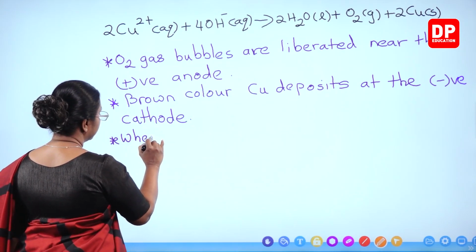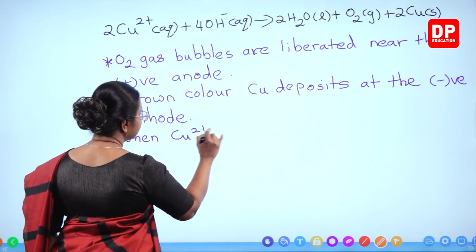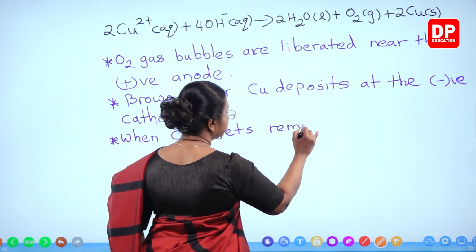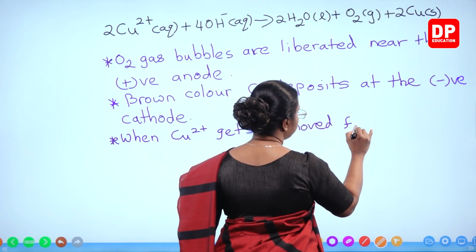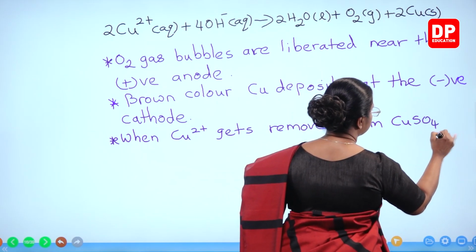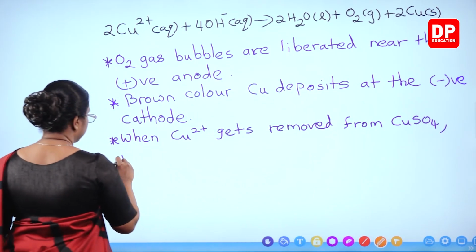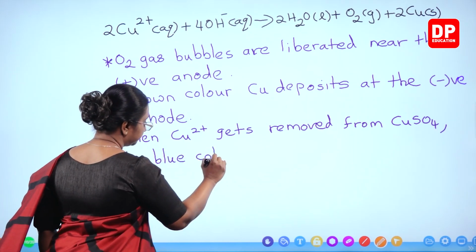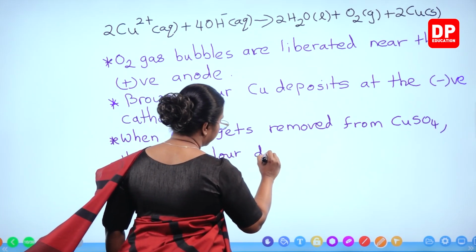When Cu2 plus gets removed from copper sulfate, the blue color decreases.